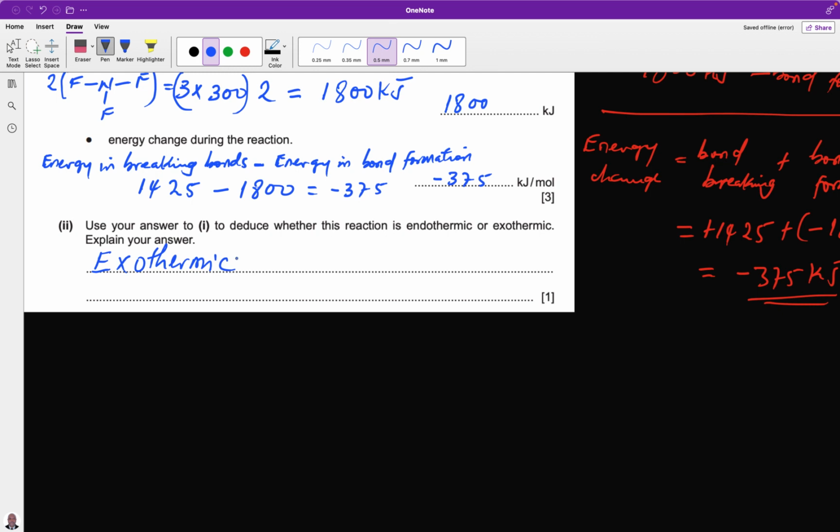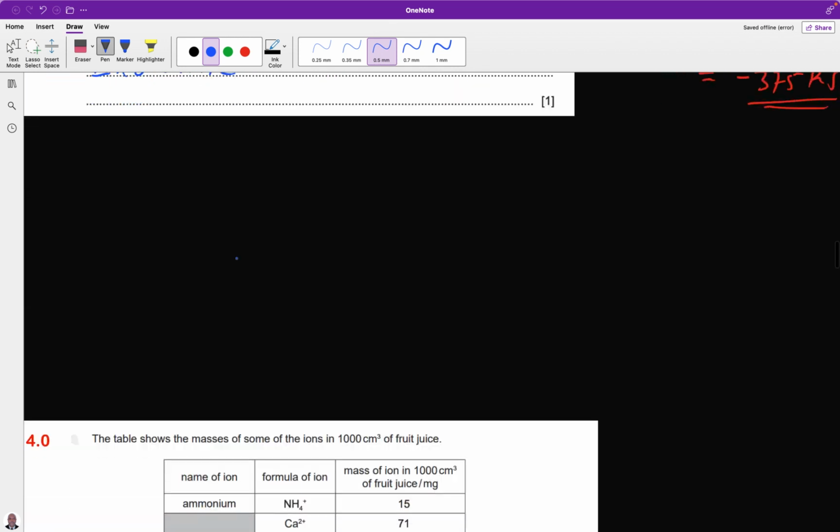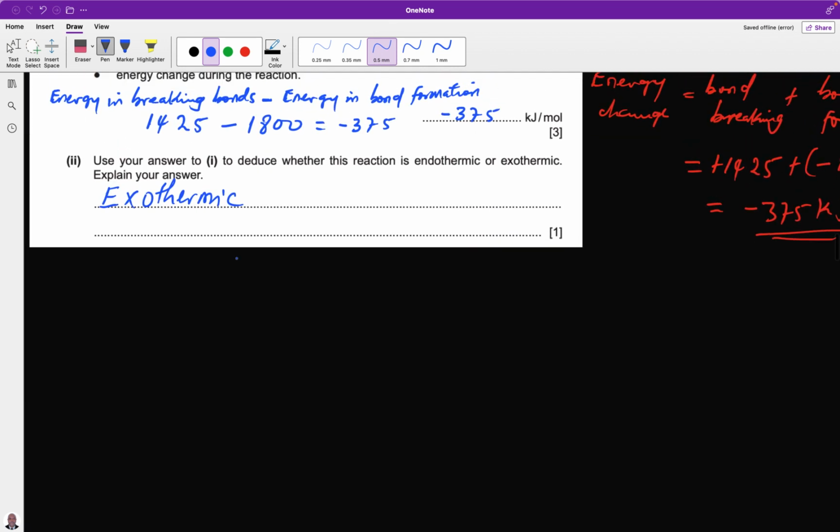Now, reasons. There are reasons you can give. The reason I can give here is this: energy released in bond formation is more than energy absorbed in bond breaking.